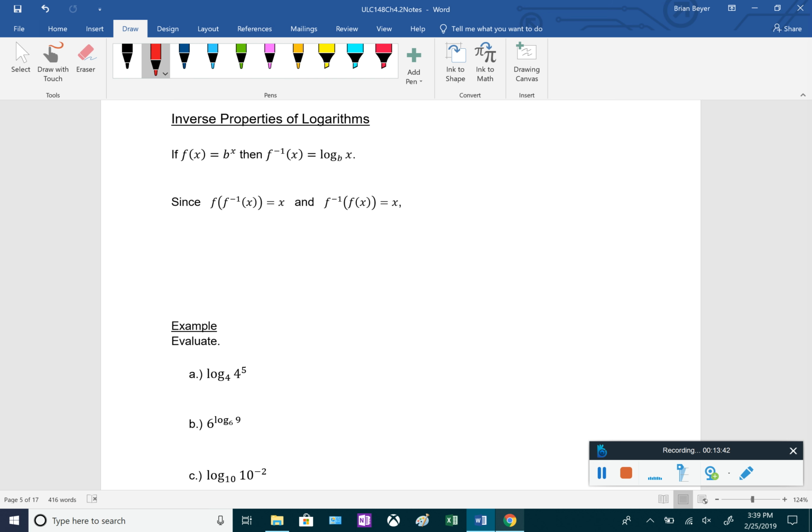So what this means is that b raised up, instead of b to the x, b raised up to the log base b of x just equals x. And instead of log base b of x, log base b of the exponential b to the x also equals x. So those are the inverse properties of the logs.